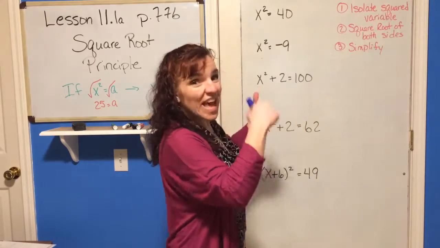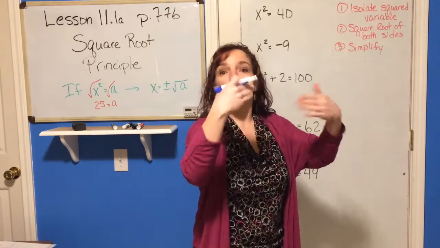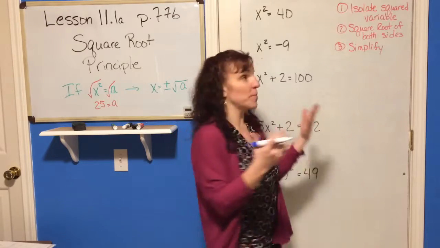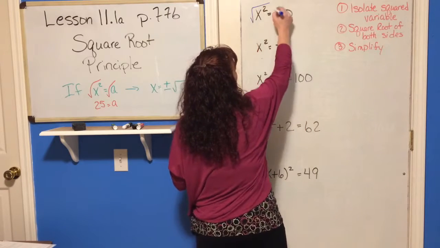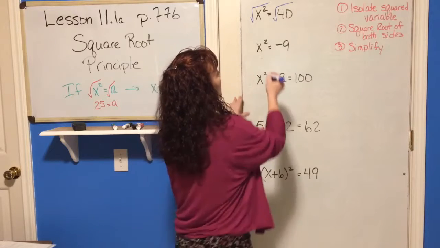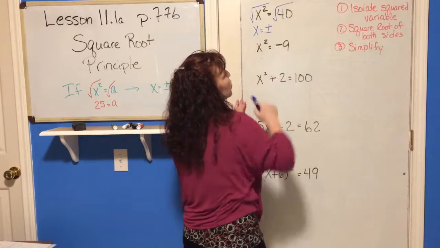To find out what x is, in order to undo squaring, we're going to take the square root. They're opposites, just like adding and subtracting, or multiplying and dividing, are opposites. Squared and square root are opposites. So x is plus or minus the square root of 40.